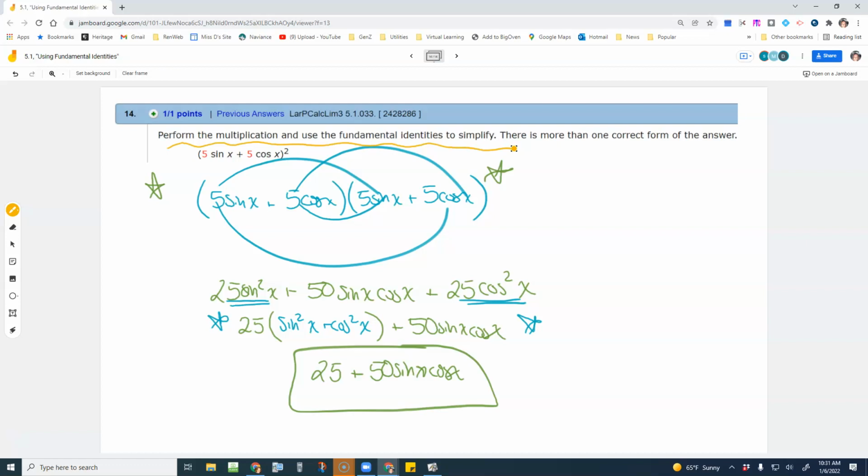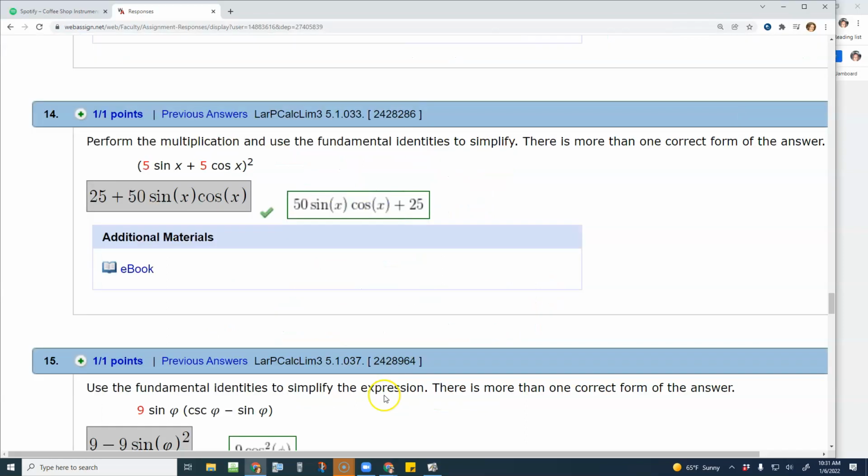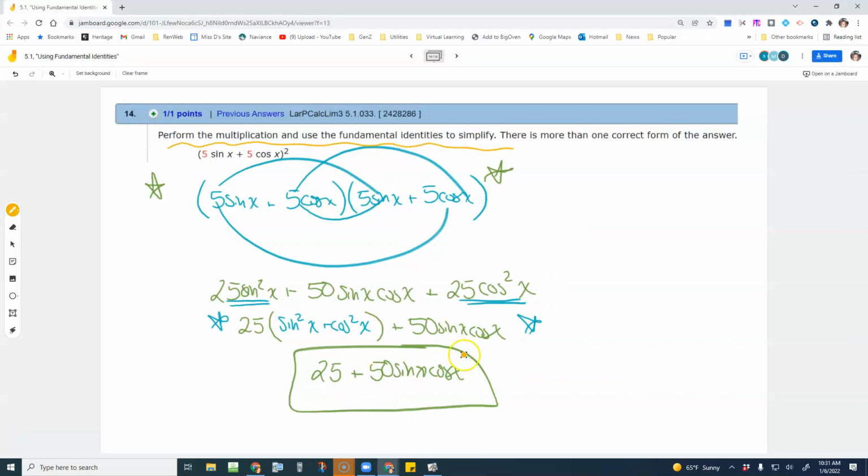If the 25 plus 50 sine x cosine x is the final answer, yeah, that. When you were factoring out the 25 out of the sine squared x plus cosine squared x, where did that go? Oh, sorry, I never actually showed it, did I?